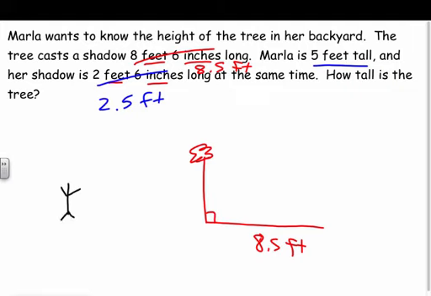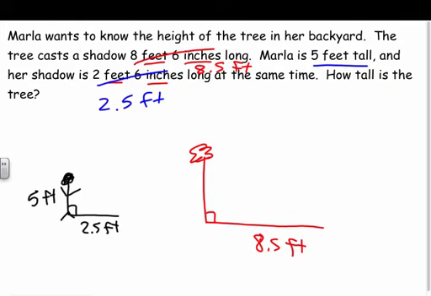There's Marla. That's cool. And she's got a shadow that's 2.5 feet. Well, she also makes a right angle there. Oh yeah, wait. She's also 5 feet tall. Let's put that in there too. So she's 5 feet tall.